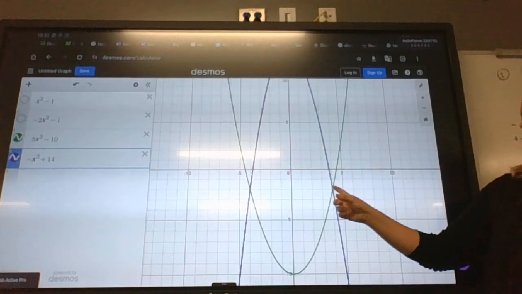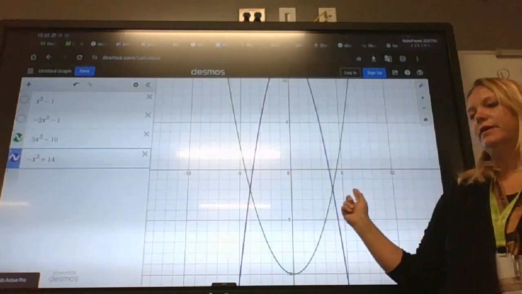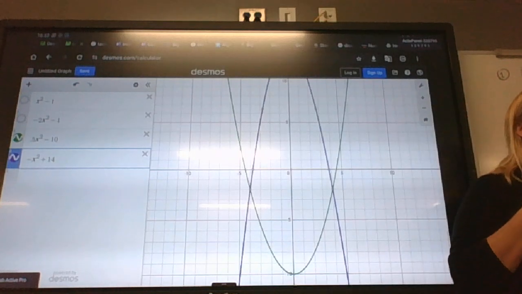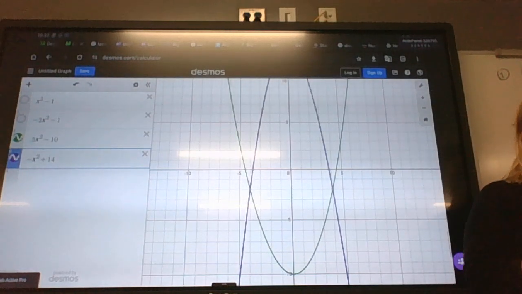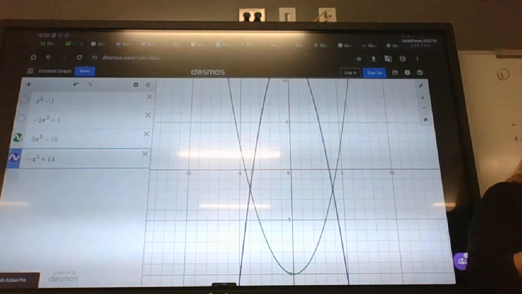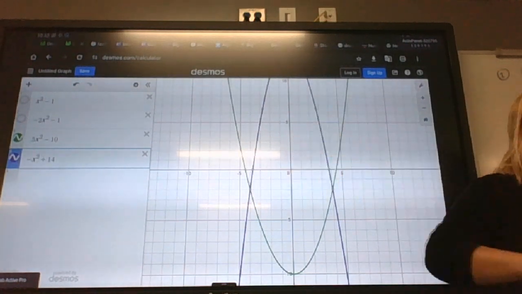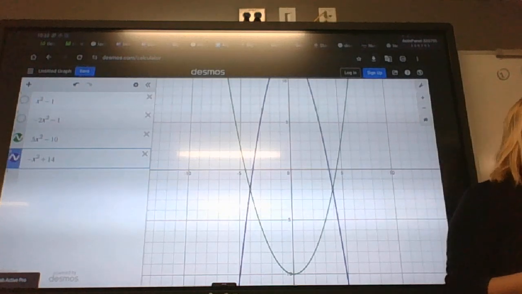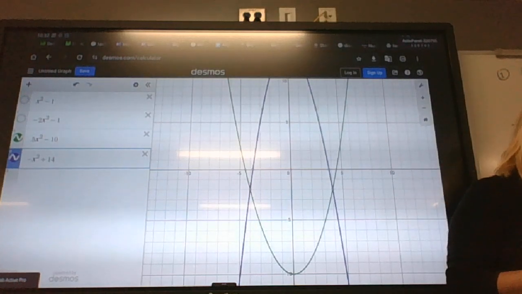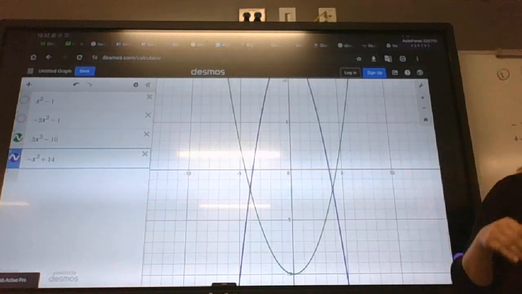We're at 4, -2. -4, -2 right here. Any questions? Which one did you like better, elimination or substitution? Which did you like better, doing number 1 where you add down, or number 2 where you plug in? Who likes just looking at Desmos best?